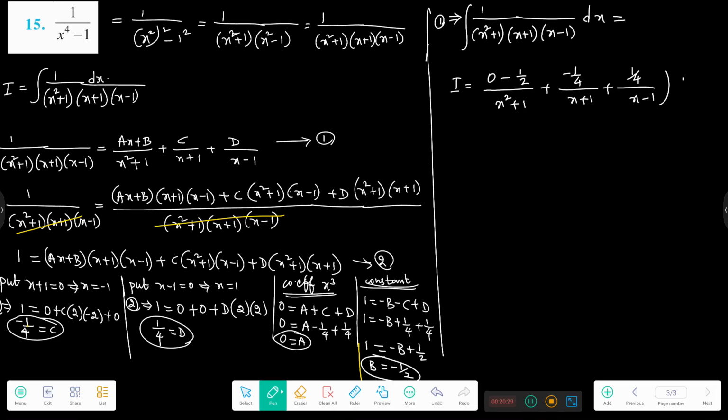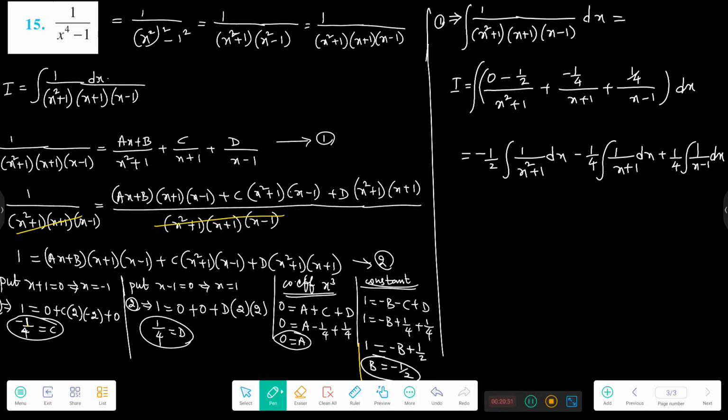That's it. Overall into dx when you apply integral. Now apply the integral separately. Minus 1 by 2 if you take outside, x square plus 1 into dx. Minus 1 by 4 if you take outside, x plus 1 into dx. Plus 1 by 4 if you take outside, x minus 1 into dx.